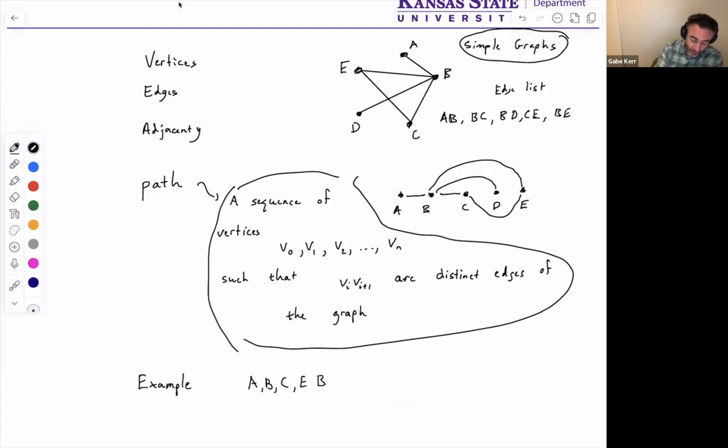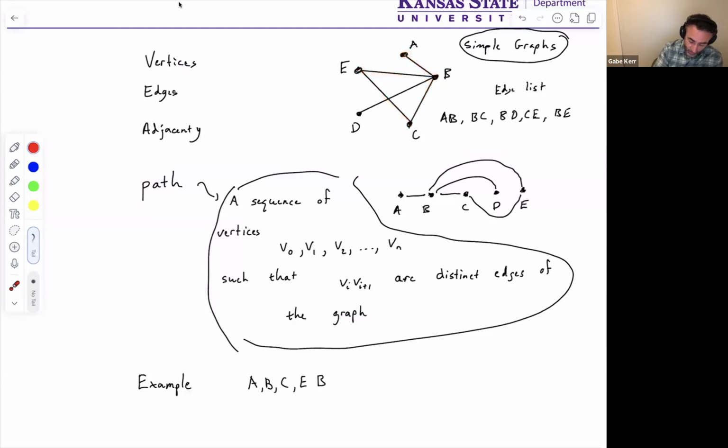Let's trace it out. Basically, it's saying start at A, go to B, that's the second, C, E, B. Each time I've taken a step, I'm on an edge in the graph, and each of those edges is distinct. They're different. So that's what I need to satisfy.